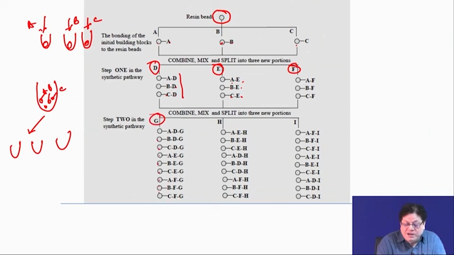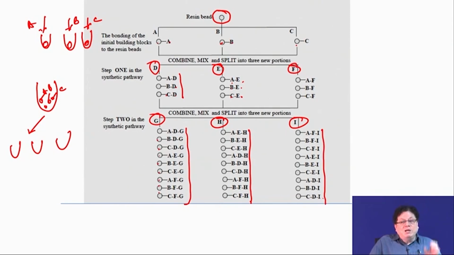Now you add G here, H here and I here. So, ADG and so on; these all end up with G, these all end up with H, and these all end up with I. How many compounds after 3 steps? After 3 steps you have 27 compounds. So, you have a larger library.